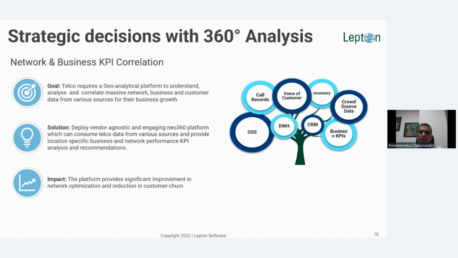It has the ability to collect from a variety of data sources. It connects to your OSS systems and collects the KPIs, it connects to your data lakes to collect the big data, it connects to various social media feeds, and it can look into call CDRs and a whole lot of KPIs.